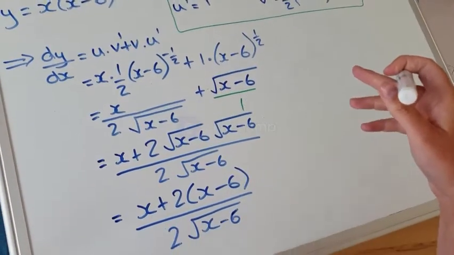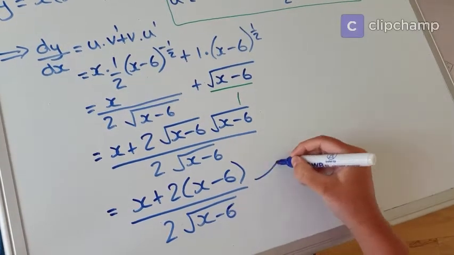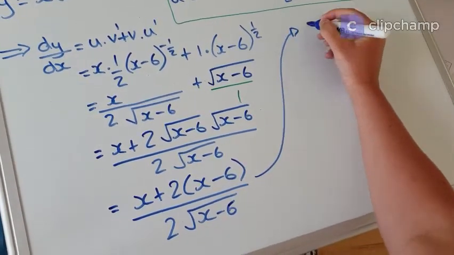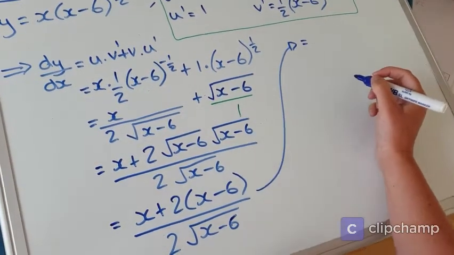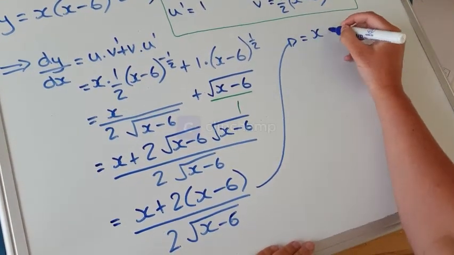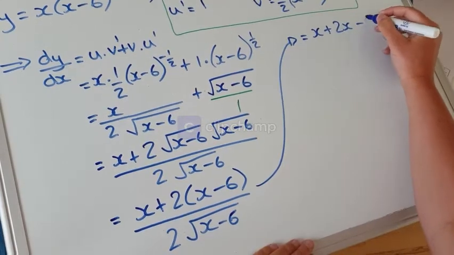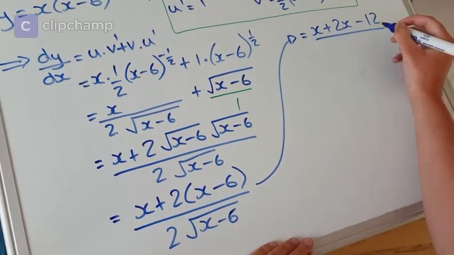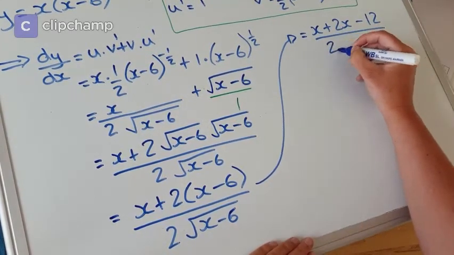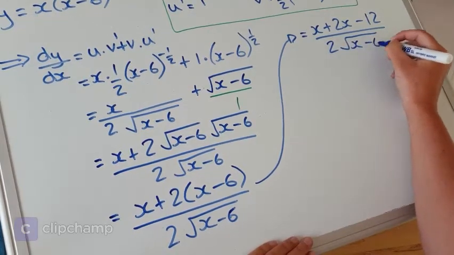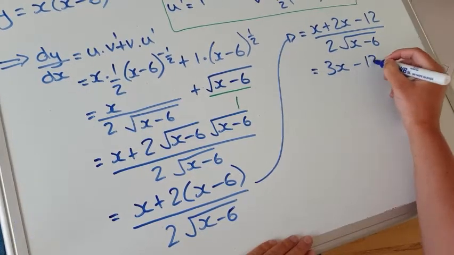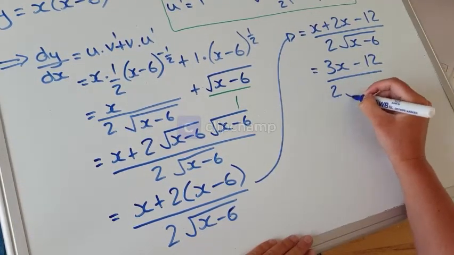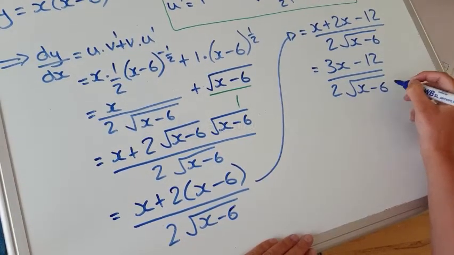So I've got x plus 2x minus 12 over 2 root x minus 6, and that simplifies to 3x minus 12 over 2 root x minus 6.